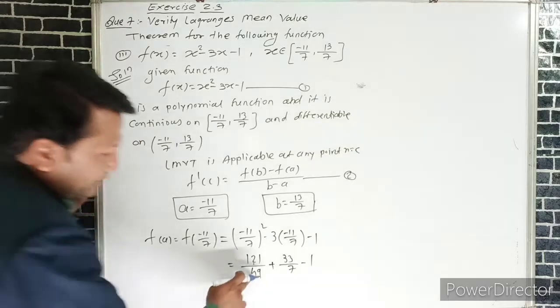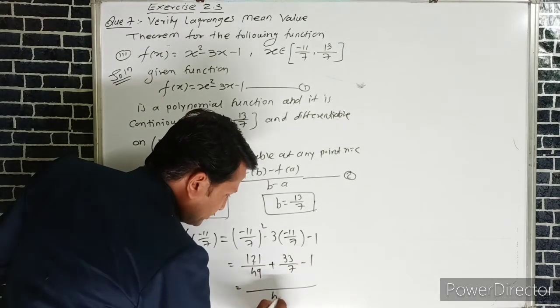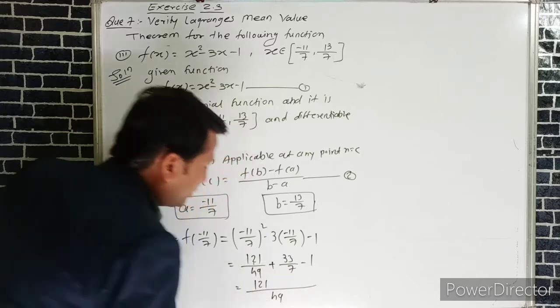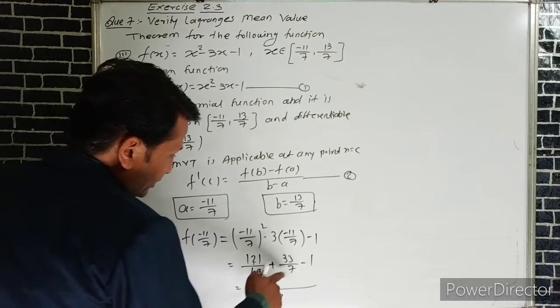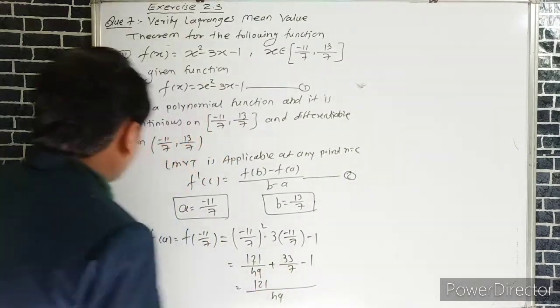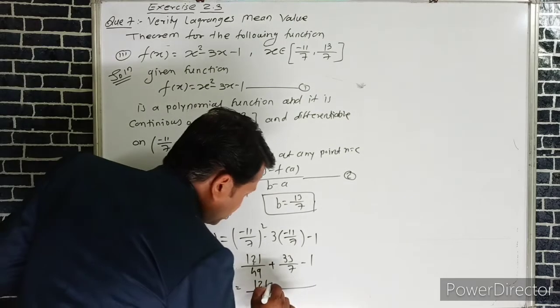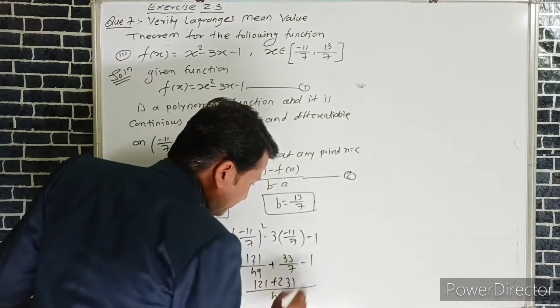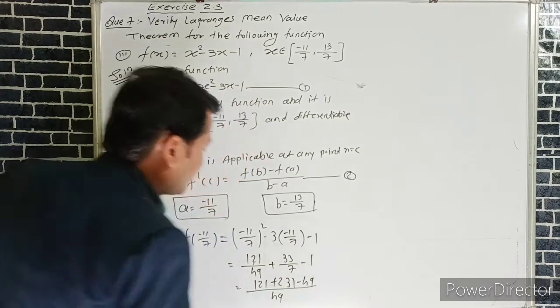If we take a common denominator, then we write 121 as it is, plus 33 into 7 which is 231, and minus 49.